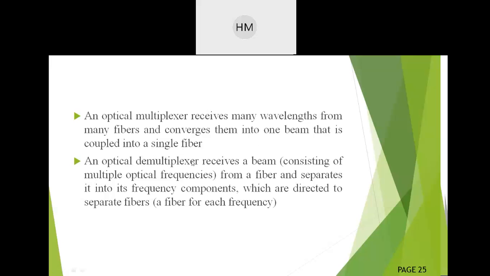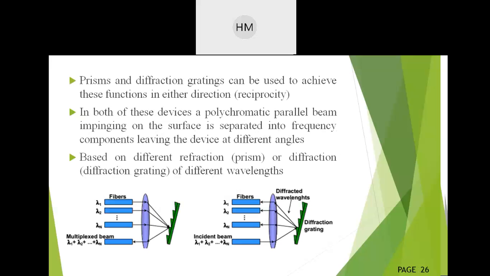An optical demultiplexer receives a beam consisting of multiple optical frequencies from a fiber and separates it into frequency components which are directed to separate fibers. So here we will use couplers first to transmit the wavelengths, then we have to split these wavelengths also. But WDM couplers we will use over here. So this is the role of multiplexer and demultiplexer.